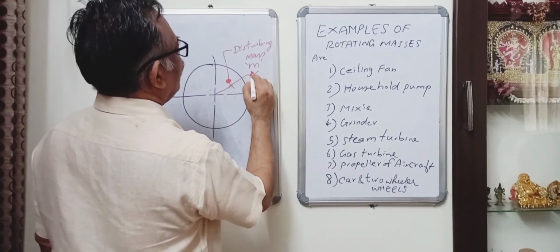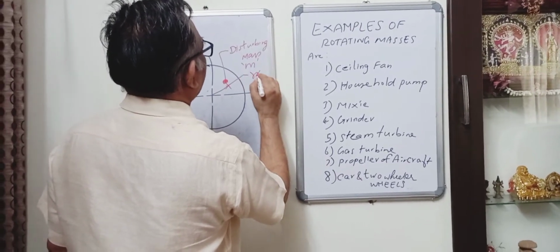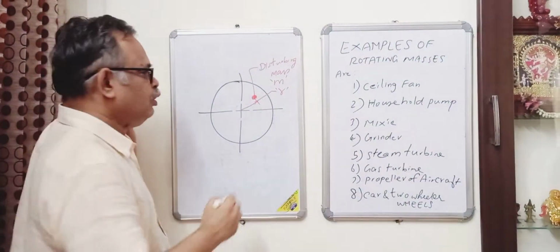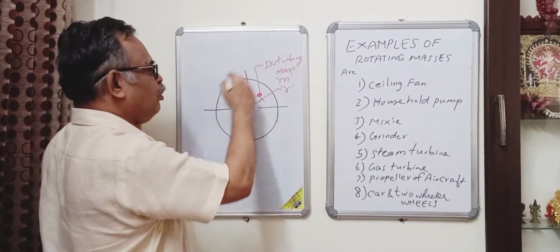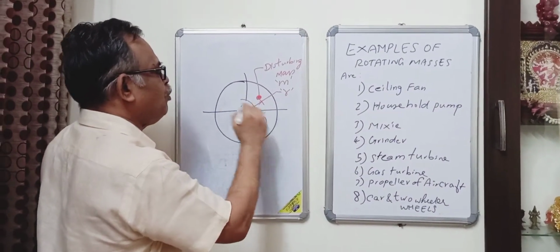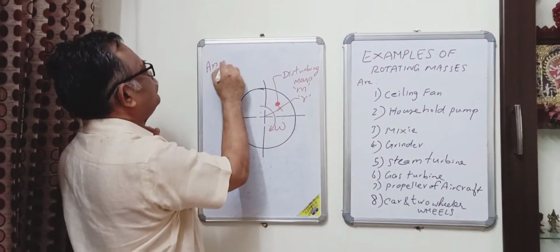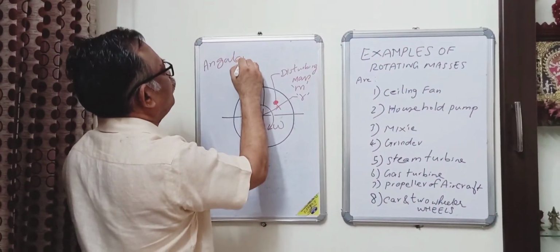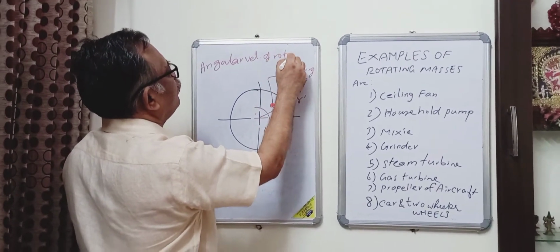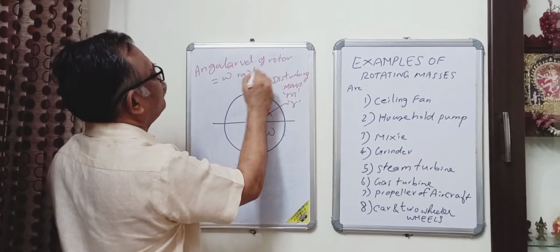Now let us assume this rotor is rotating at an angular velocity of omega radian per second.